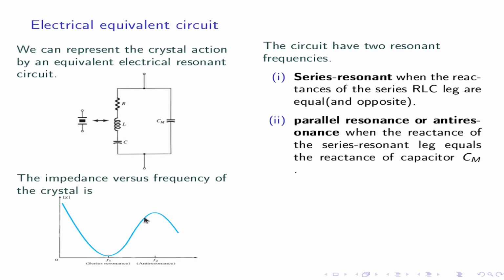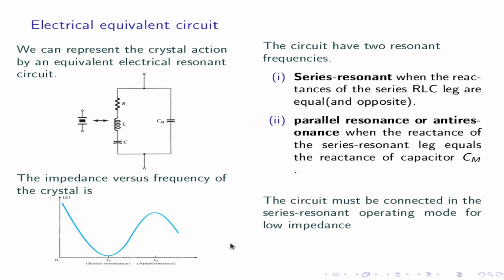The impedance versus frequency plot of the crystal shows two frequencies F1 and F2, the series resonance and parallel resonance. In series resonance, the impedance is minimum, and in parallel resonance, the impedance is maximum. Thus, the circuit must be connected in the series resonant operating mode for low impedance and the anti-resonant operating mode for high impedance.